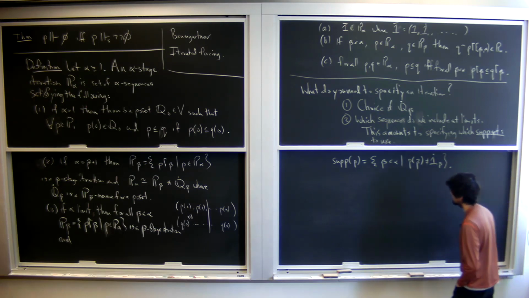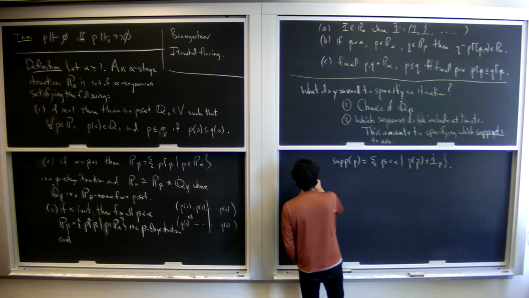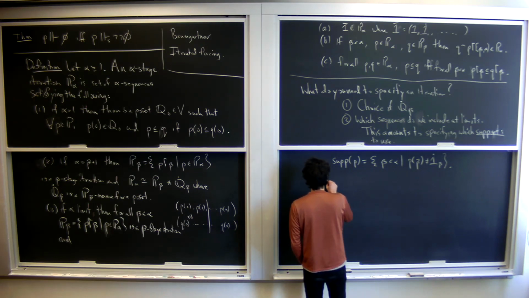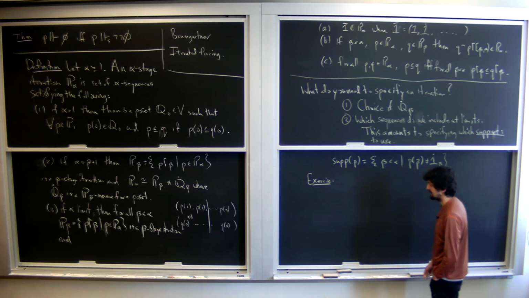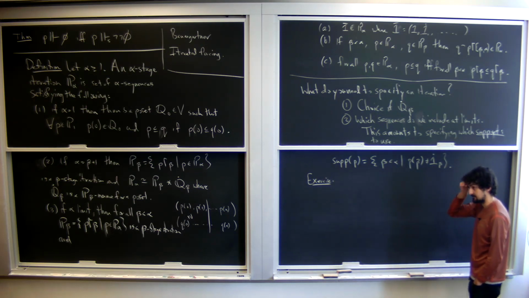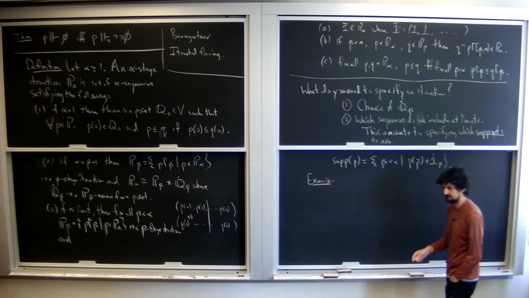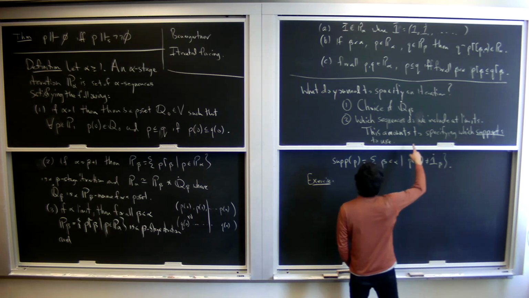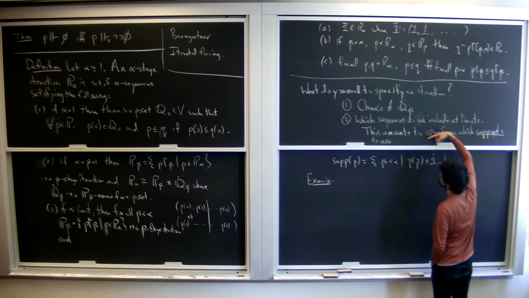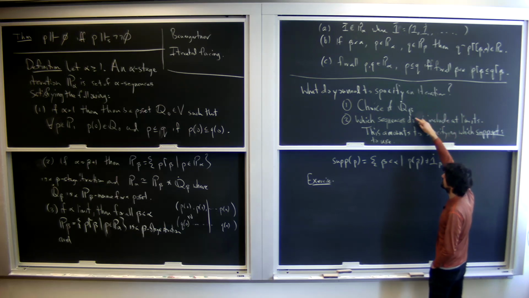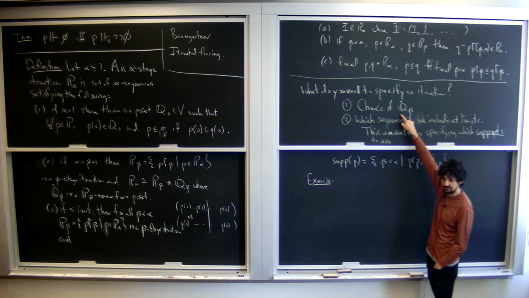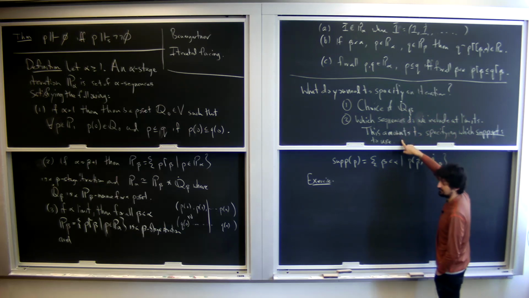So let's make another exercise, which is what happens when you iterate forcings that are in the ground model. All right, so we're going to specify an iteration by saying that Q beta is always just the Cohen forcing, so just adding a Cohen subset of omega, and the supports are always finite.